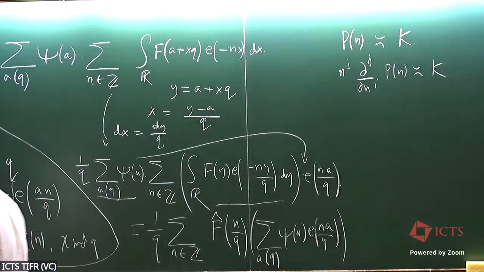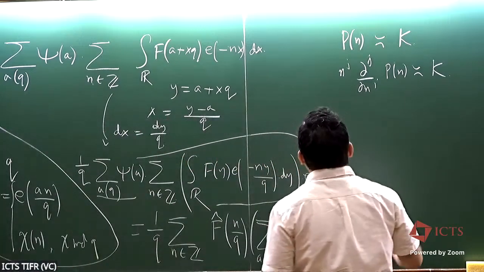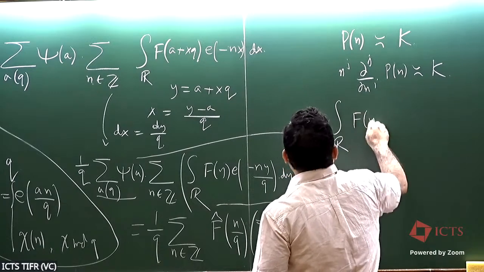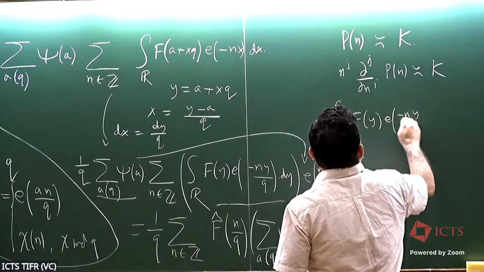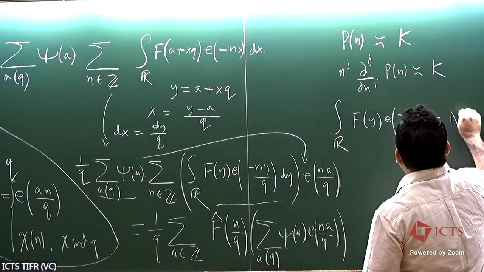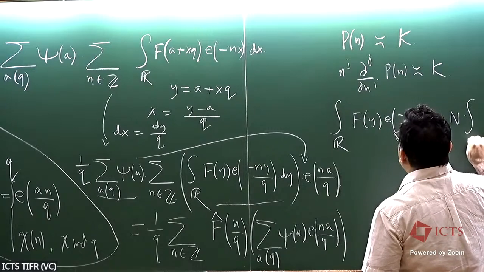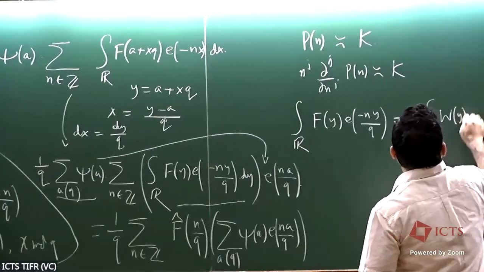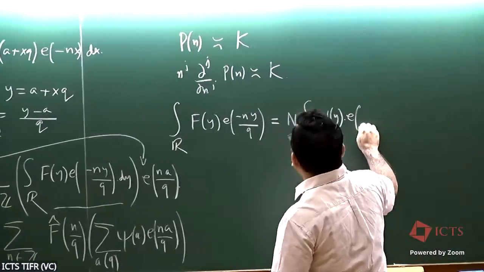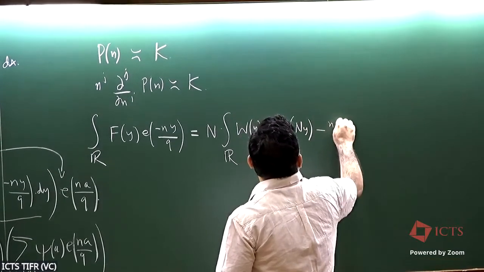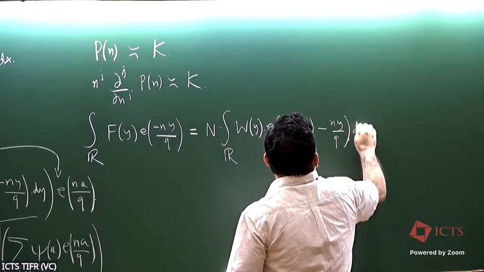Okay, if that's the case, I can do a change of variable over here, right? So if you look at this integral, it will turn out to be n times the integral over R, and then this f will become w(y) e(pny - ny/q) dy, right?